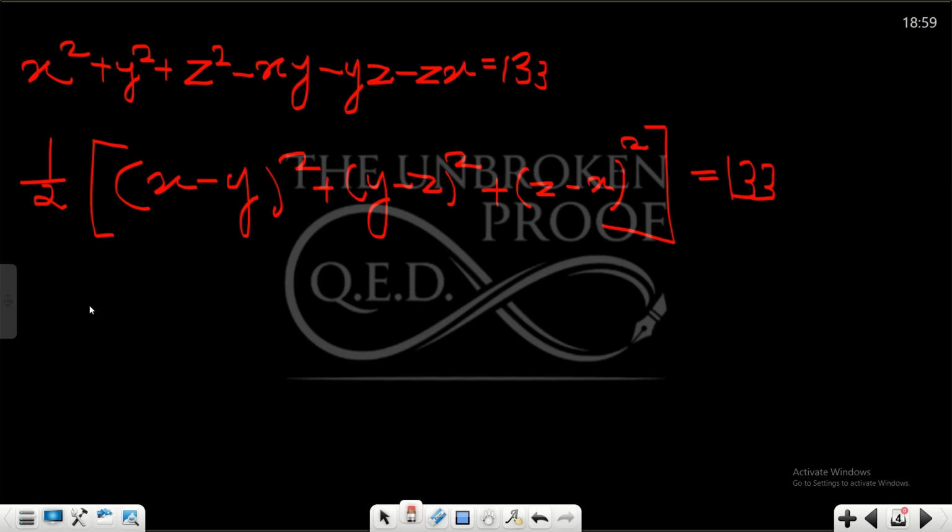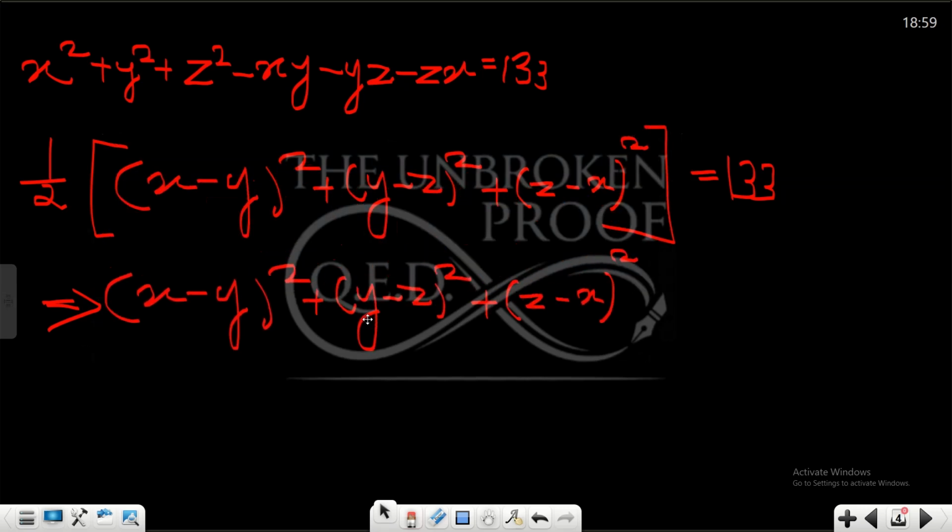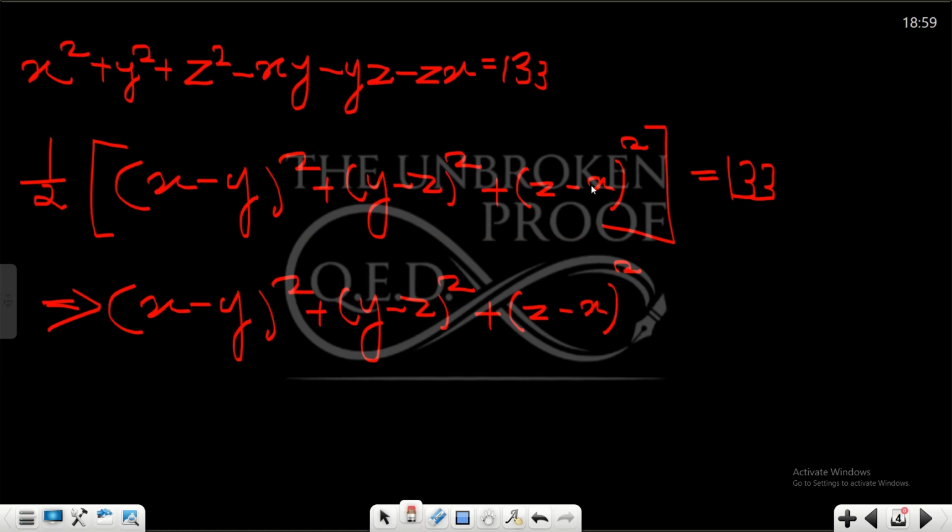Now if I bring this half to the right hand side, it should be 266. So the sum of these terms should be equal to 266. So clearly, whatever was our goal, we have fulfilled it, that is to bring these terms into one form. So now they are in one form.